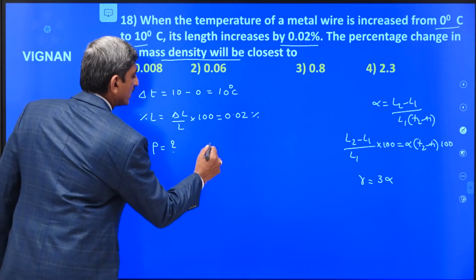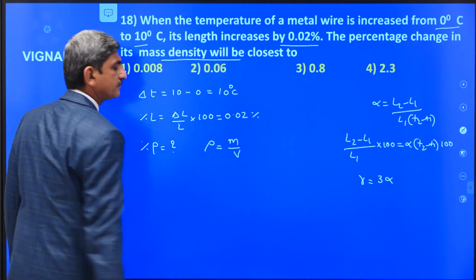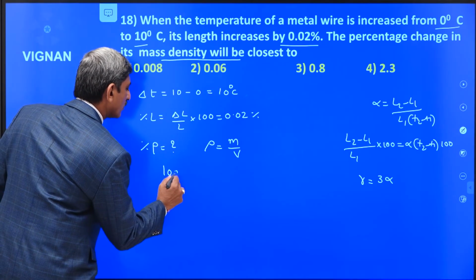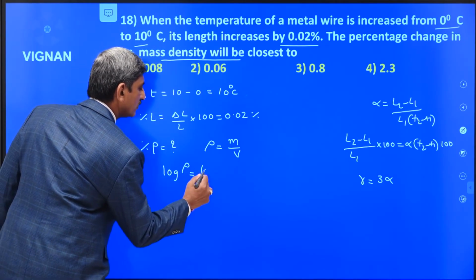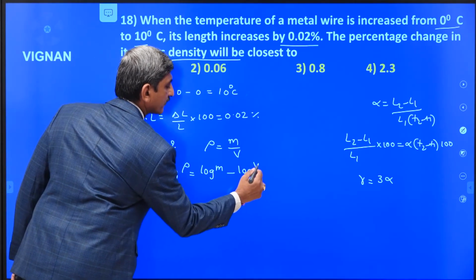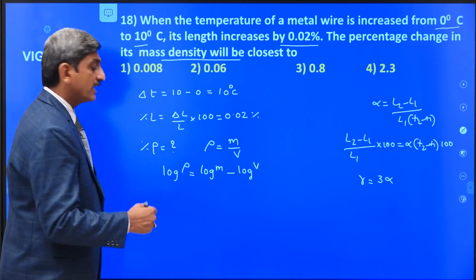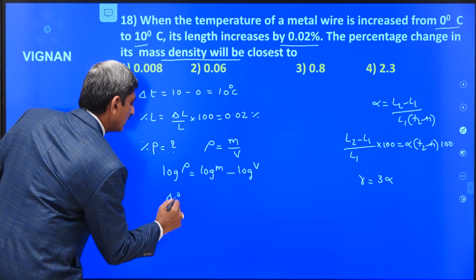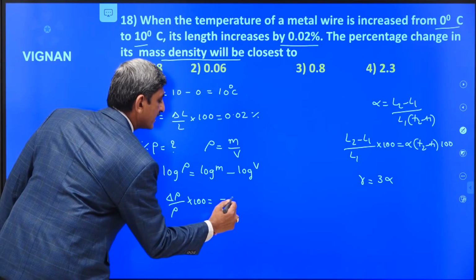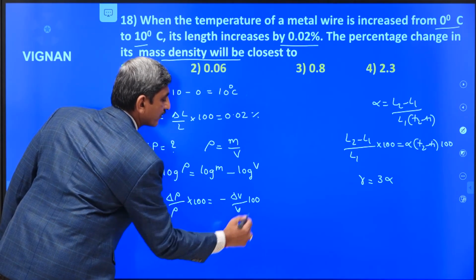Here we know that the density rho = mass by volume. By taking logarithms on both sides, it becomes log rho = log m - log v. Now, by differentiating the equation and multiplying with 100, it becomes delta rho by rho into 100 = minus delta v by v into 100.